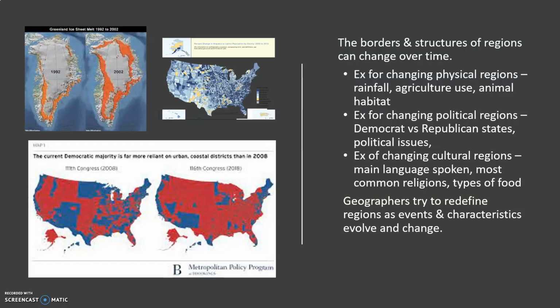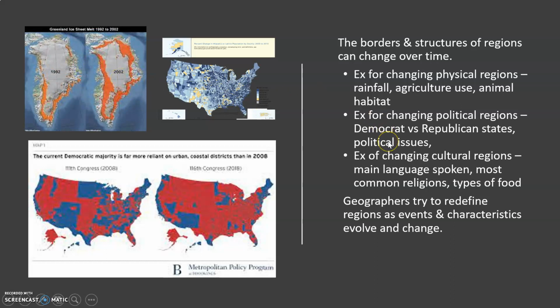So here are your notes. The borders and structures of regions can change over time. For example, we have changing physical regions due to rainfall, agriculture, or animal habitat. I chose to give you this map that shows the ice sheet in Greenland in 1992 and then the ice sheet in Greenland in 2002. So 20 years later, showing that change.